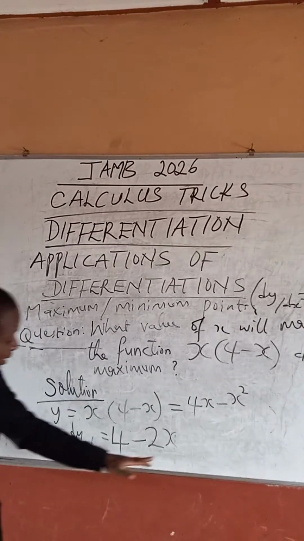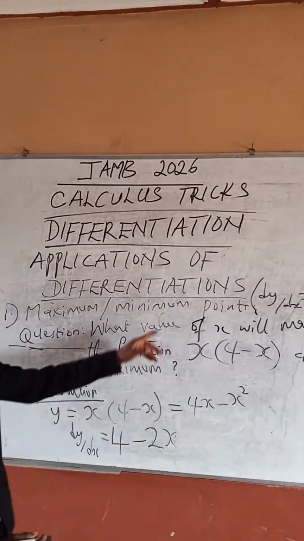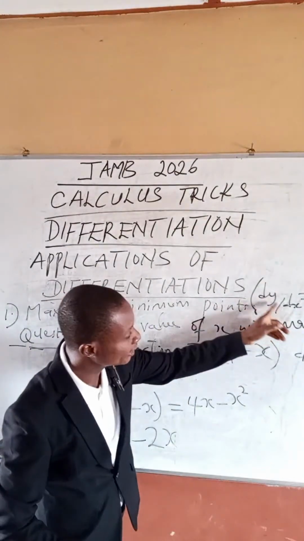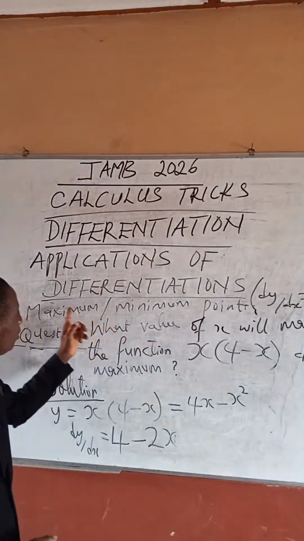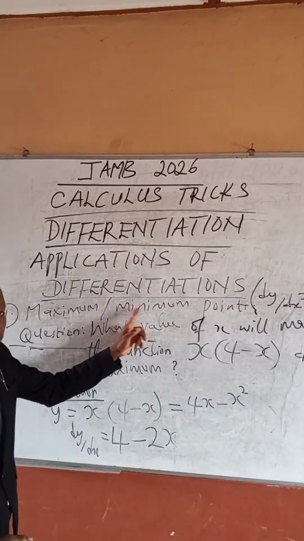This is the dy/dx, but it must be equal to 0 for maximum or minimum points.